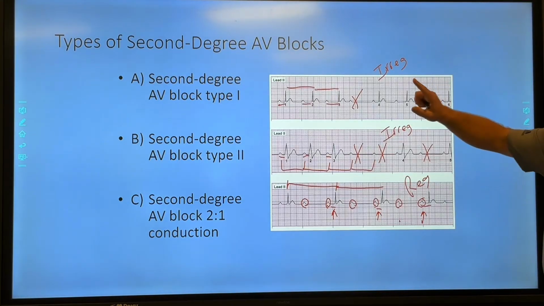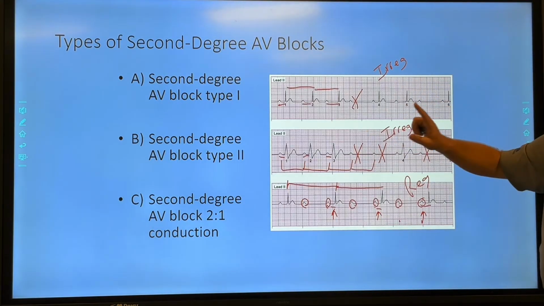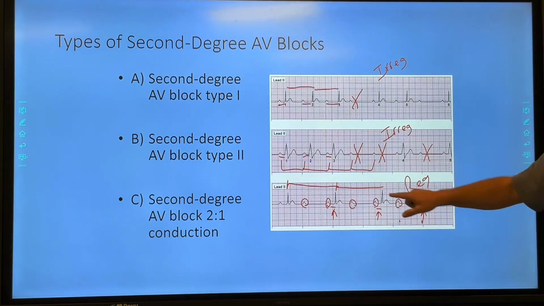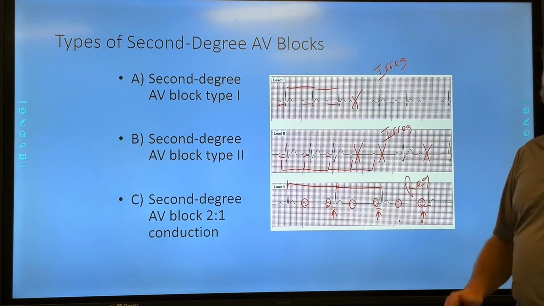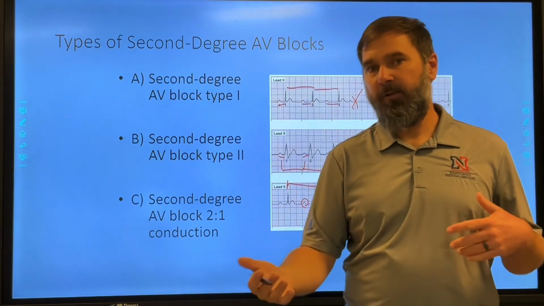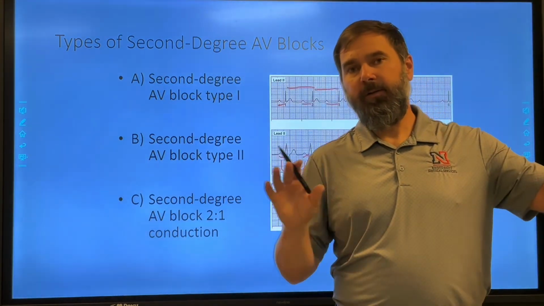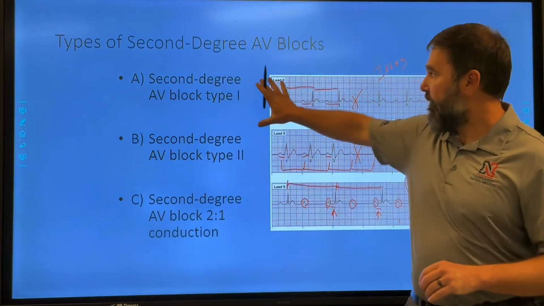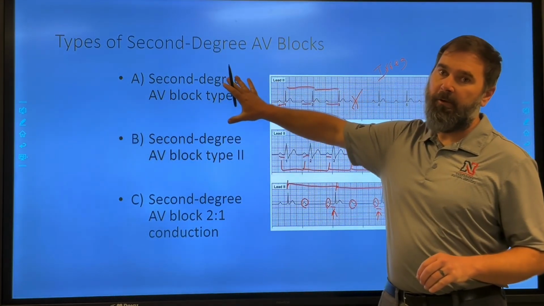So secondary type 1 is irregular, secondary type 2 is irregular, and a secondary 2-to-1 conduction is regular. So if you're looking at your rhythm and you have more P waves than QRS complexes, is your rhythm regular or irregular? That's going to be a deciding factor. That's going to narrow down and rule out the secondary type 1 or secondary type 2.